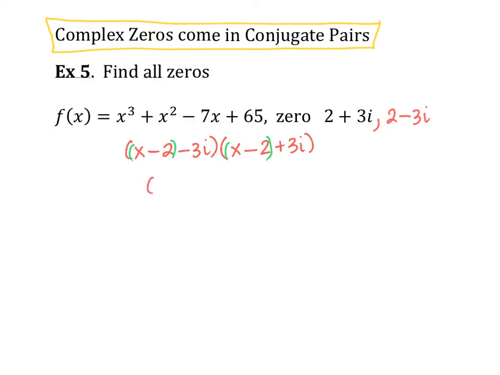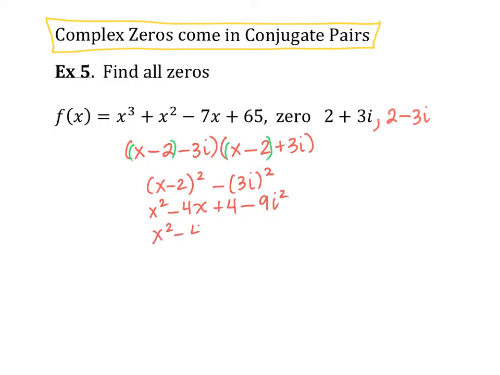So this is actually x minus 2 squared minus 3i squared. X squared minus 2x minus 2x, minus 4x plus 4. Minus 9i squared, but remember i squared is negative 1.